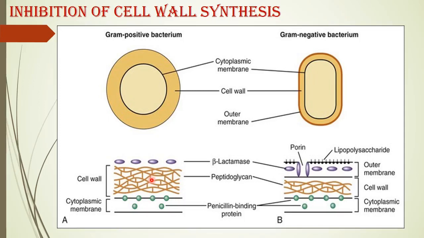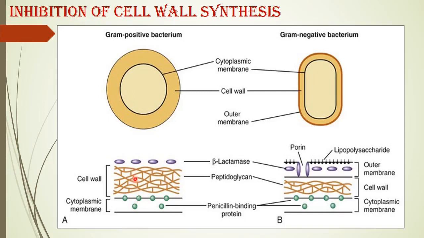Okay? And in the cytoplasmic membrane we have this penicillin binding protein. This is a specialized protein which is always present in the cytoplasmic membrane, especially in bacteria. Now if you give any antibiotic, it will enter this way. It can cross the cell wall and it will bind the penicillin binding protein.